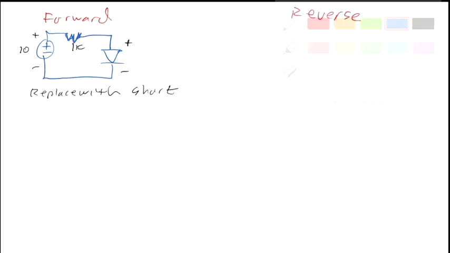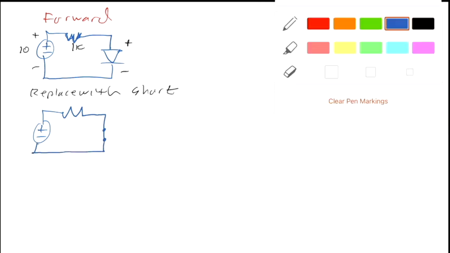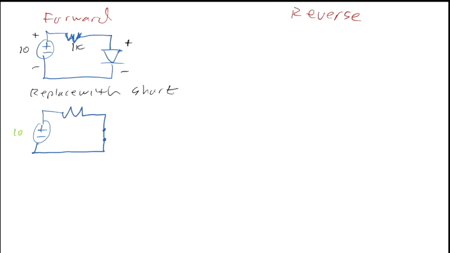So I can just redraw it. And I replace the diode with a short, and we've got 10 volts and 1K, and we've got a short. So it's easy to find the diode voltage and current, the voltage across the diode, and the current in the diode.